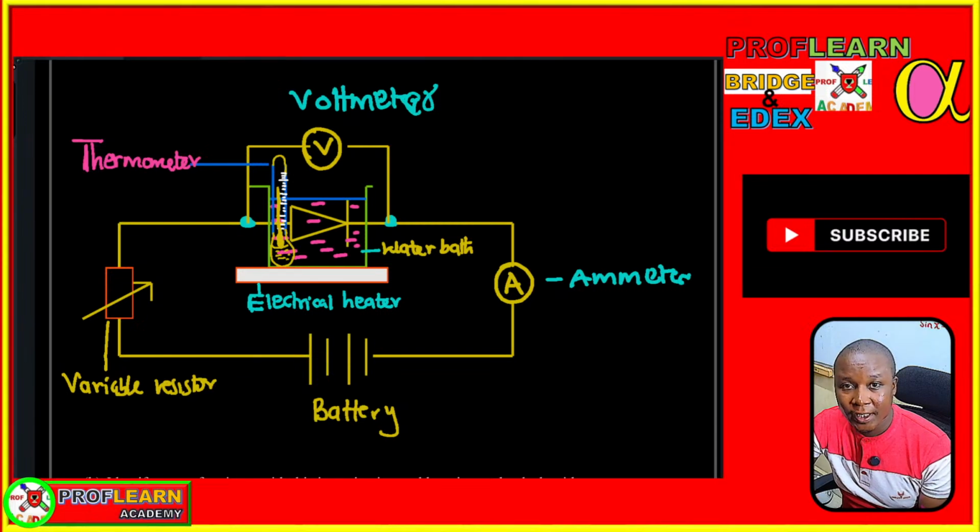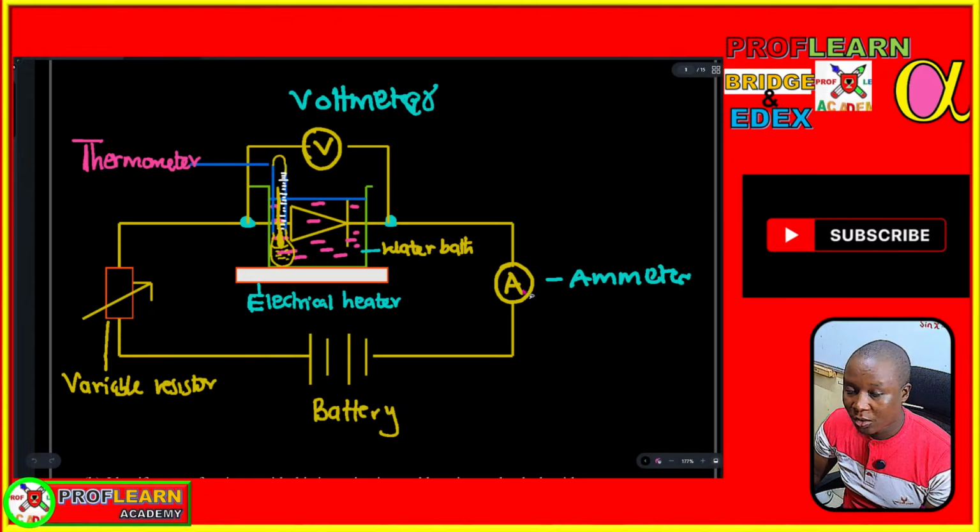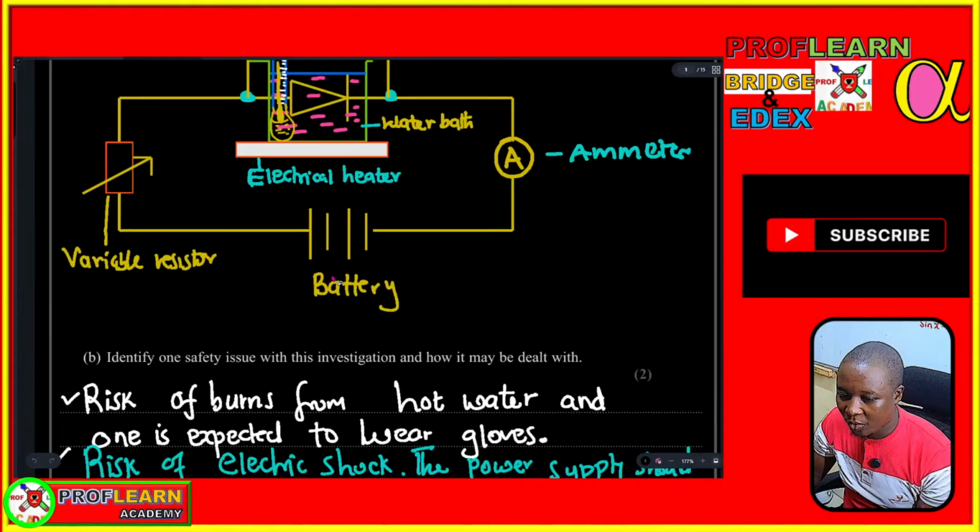Also, don't forget that we were looking at the idea of conductivity, right? So we are going to include the ammeter, which is always connected in series with the other component, and a voltmeter which is always connected in parallel to the component where you have to measure the voltage.